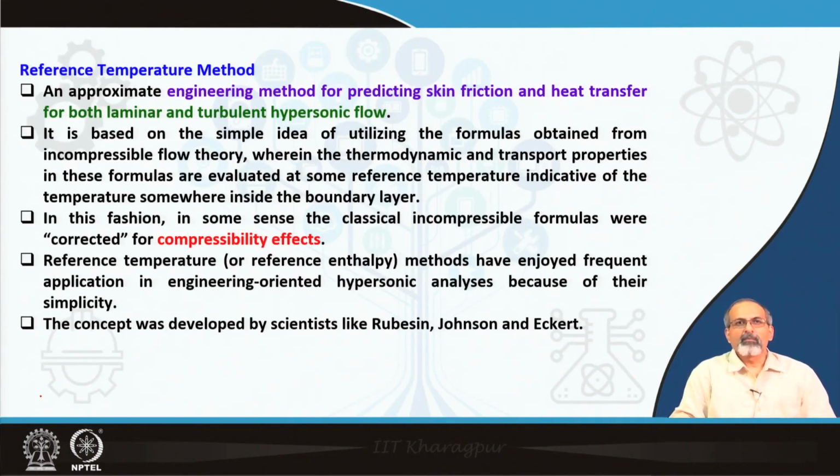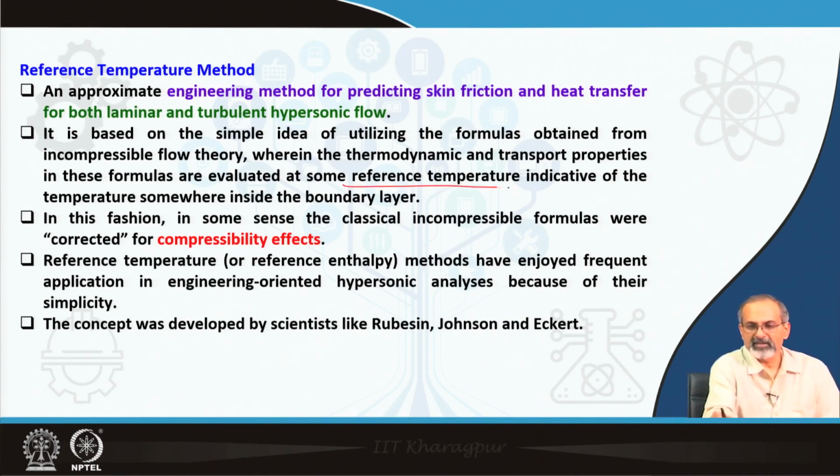In the previous lecture, we had talked about the reference temperature method, and we said that it is an approximate engineering method for predicting skin friction and heat transfer for both laminar and turbulent hypersonic flow. It is based on the simple idea of utilizing the formulas obtained from incompressible flow theory, and the thermodynamic and transport properties in these incompressible flow formulas are evaluated at some reference temperature indicative of the temperature somewhere within the boundary layer.